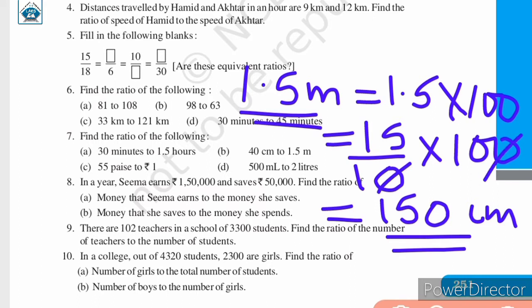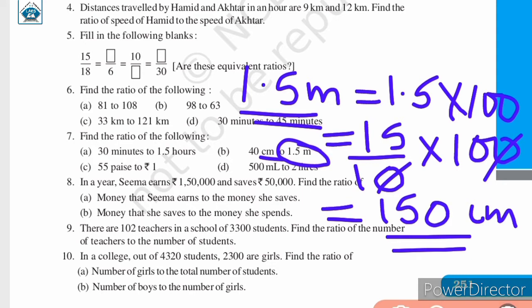Here the zeros will get cancelled and 15 multiplied by 10 is very simple. It is equal to 150. And now the unit will be in centimeters. So initially हमें 40 सेंटीमीटर में दिया हुआ है, हमने 1.5 मीटर को भी सेंटीमीटर में कन्वर्ट कर दिया 150 सेंटीमीटर. Now we can easily find the ratio just like we found the ratio in the previous questions.